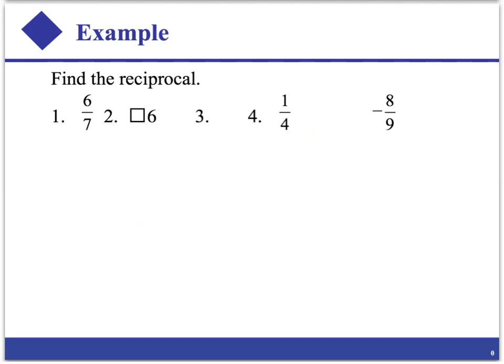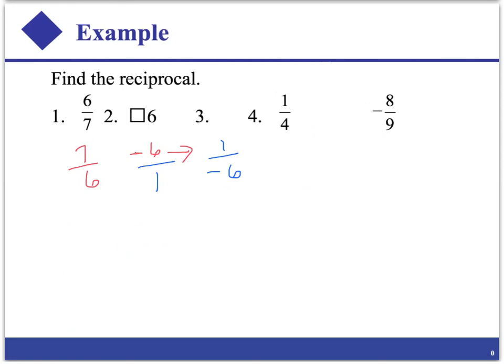The reciprocal of number 1 is simply 7 over 6. Number 2 was a negative 6, so if you drop a 1 under it, that makes it a fraction, and its reciprocal becomes 1 over negative 6. And we're going to talk about where that negative sign can go at a later date.